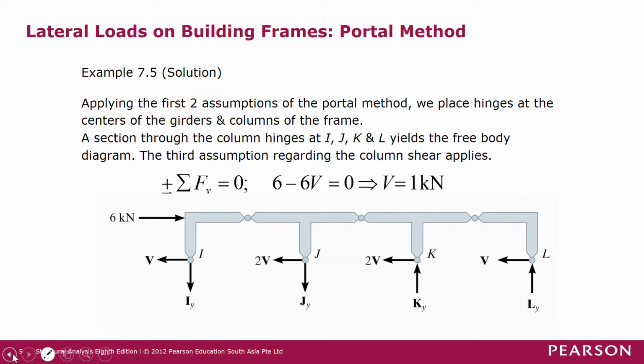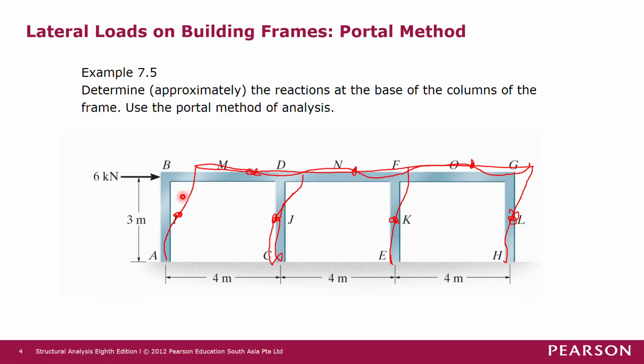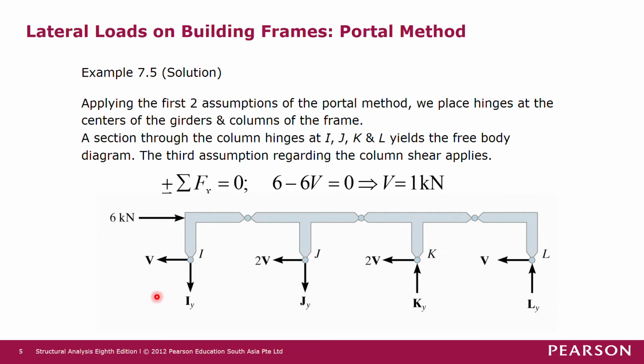So if we detach this structure at the hinges I, J, K and L, then it will look like this. The unknown forces at I are a shear force V and an axial force Iy.